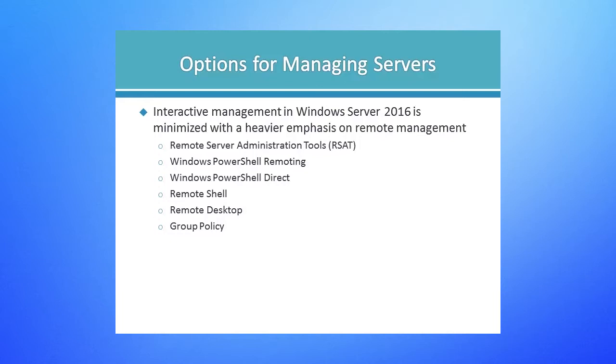Now, PowerShell remoting and Server Manager remoting are actually enabled by default because WinRM, like it was in 2012, is turned on by default. We just have to realize that some of the MMC consoles are not going to be using WinRM.